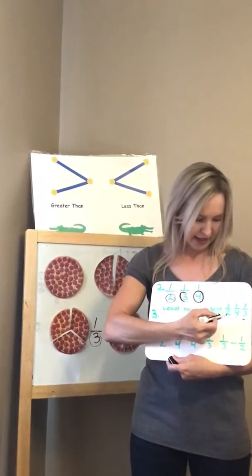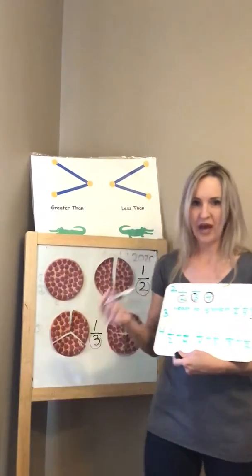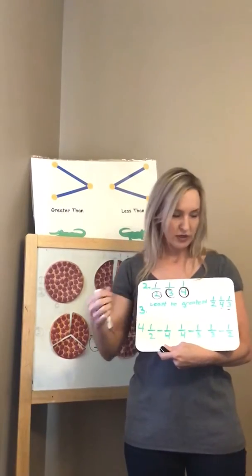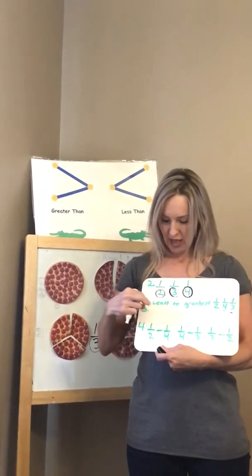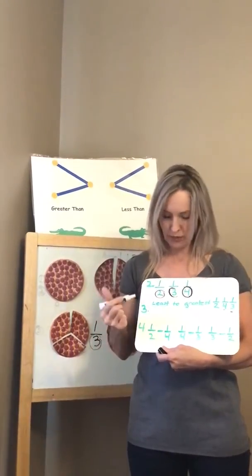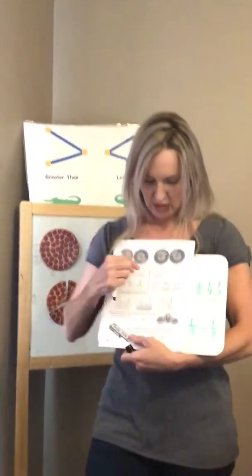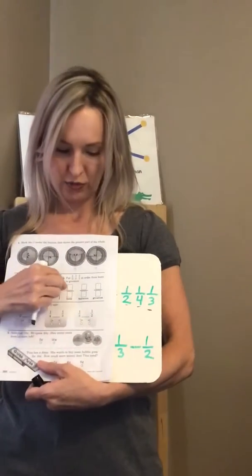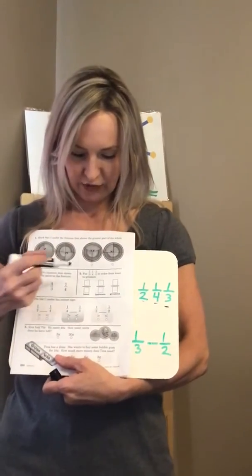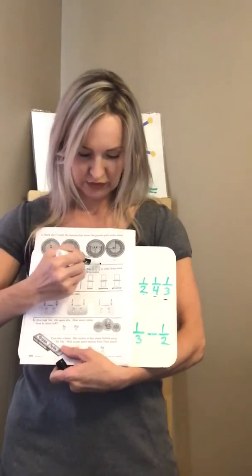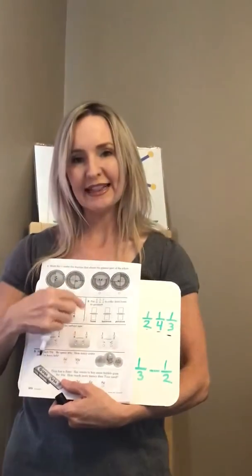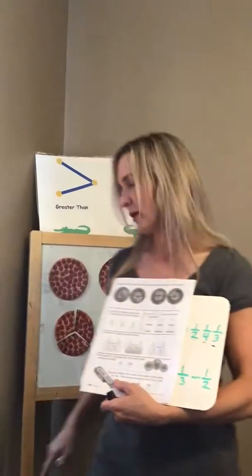Okay, look at half, fourth, thirds. I want you, right now, you can go ahead and look at your worksheet on number 3, and you can record in your boxes. Let me show you here. You have your worksheet. You could go ahead and record right here, which is the least. If you had halves, fourths, or thirds, which one would give you the least part? Well, think about it.